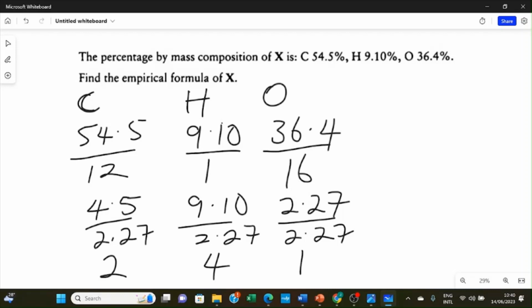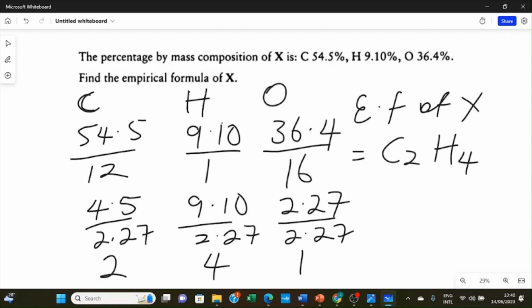This is 1. So the empirical formula of X is equal to what? C2H4O. So this is the empirical formula. So it's as simple as ABC.